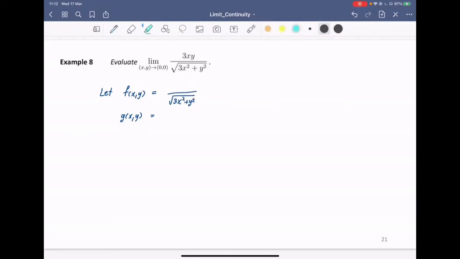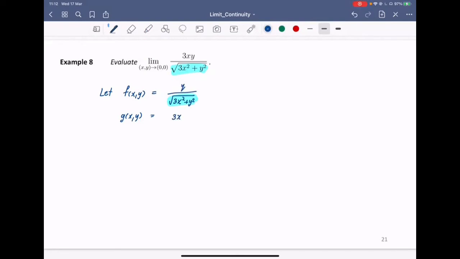On the denominator, it is clear that you're going to put it on f. But on the top one, I need to be smart. Let's try to pick, let's say y, and then g equal to 3x. Well, I do not know.